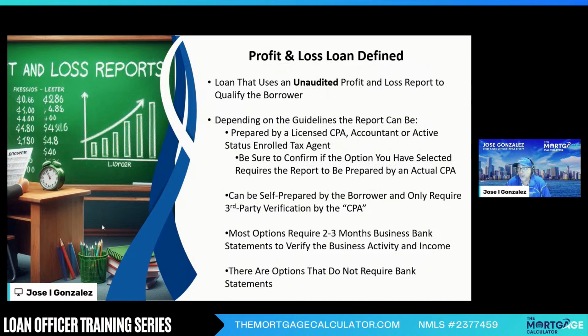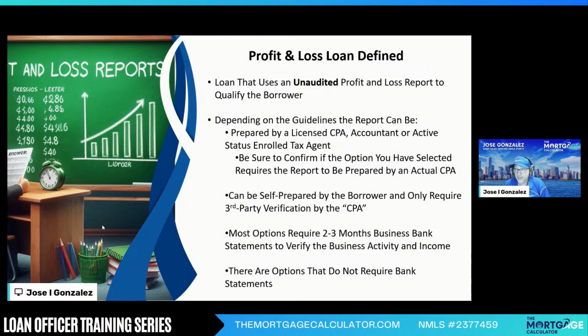Keep in mind, most options do require anywhere from 2 to 3 months of business bank statements to verify the business activity, the gross income, and the expenses. There are options that do not require bank statements, but most do.